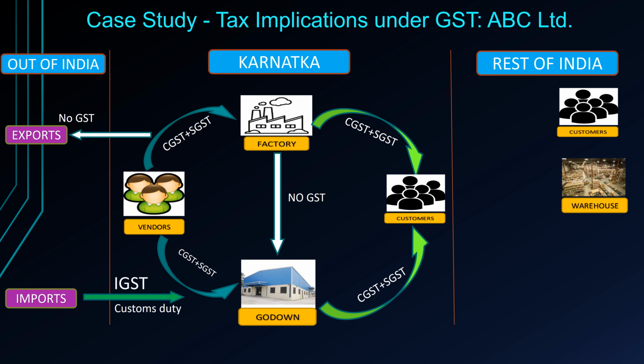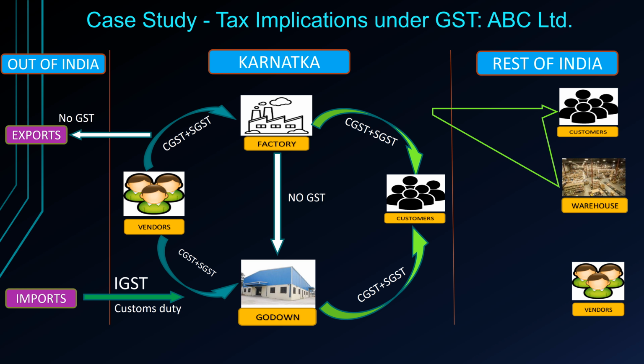There could be transactions of purchase with a vendor outside Karnataka. The transactions between the factory and customers and warehouses outside Karnataka would have IGST liability. Any materials that are purchased from vendors outside Karnataka would have IGST input tax credit.